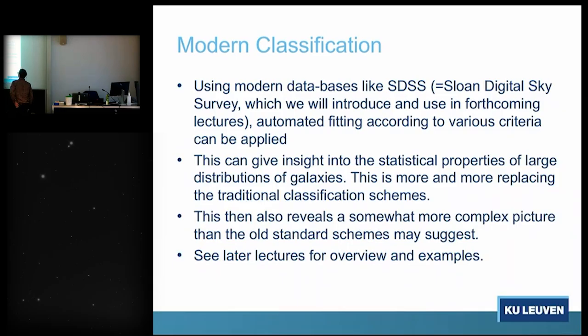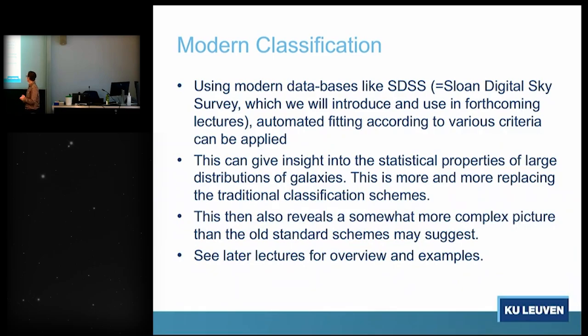But there are also modern databases like the Sloan Digital Sky Survey, which we will use in the forthcoming lectures, where you can actually design automated fitting according to various criteria and apply that to now much larger statistical samples of stars. That can give insight into how the distribution of the large galaxy population actually looks.